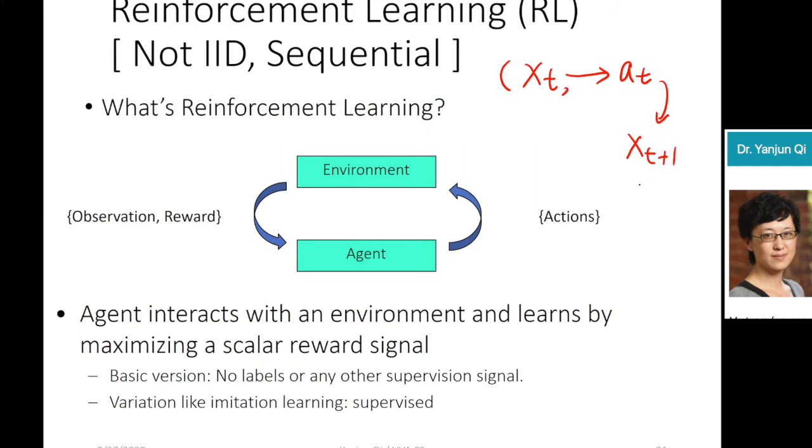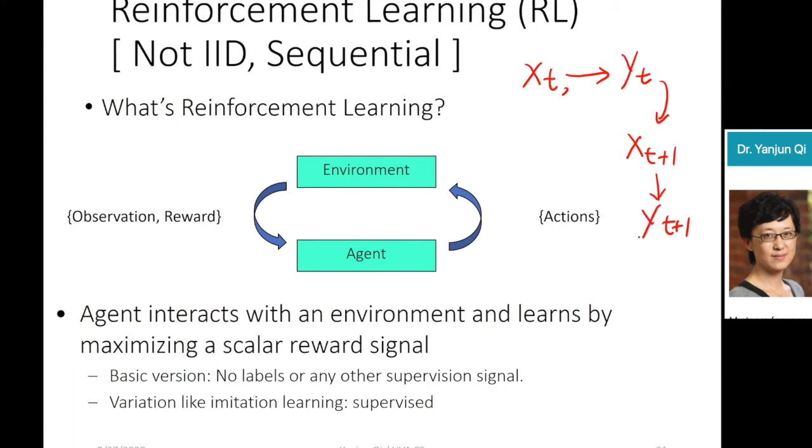Then I'm using XT plus 1 to decide what should be the AT plus 1. I'm saying that's the action, right? Just to make it easy to correspond to what we used here. Then you replace that with Y.